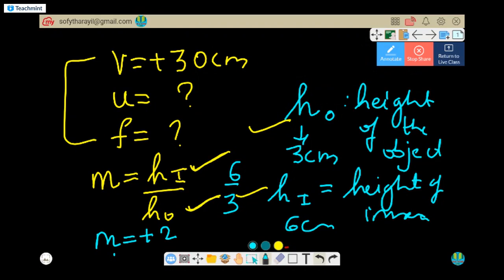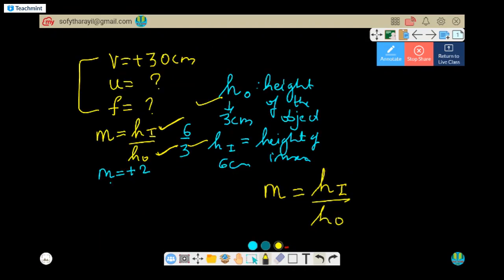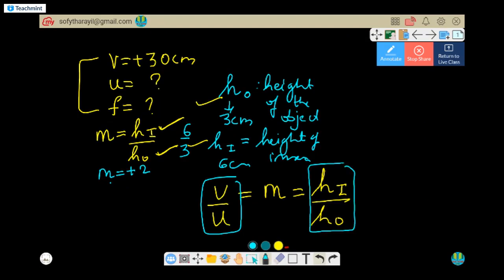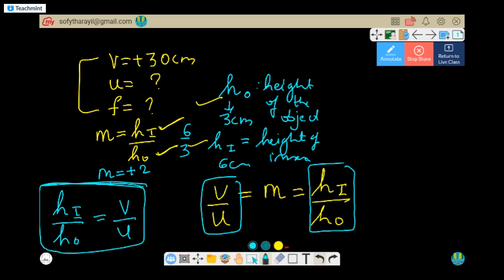What we get to know is magnification can be written as Hi upon Ho, and magnification can also have the formula v upon u. That means v upon u and Hi upon Ho are both equal to each other. So we're going to use this information. Hi upon Ho will be equal to v upon u. This is a very important part that we're going to use.